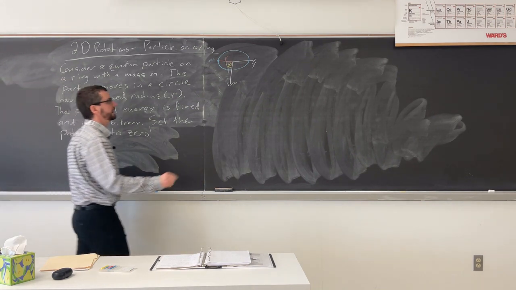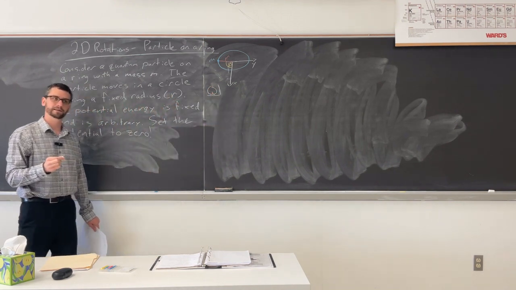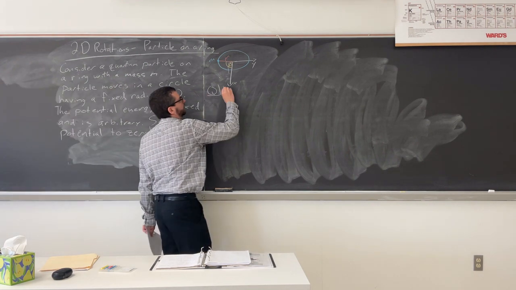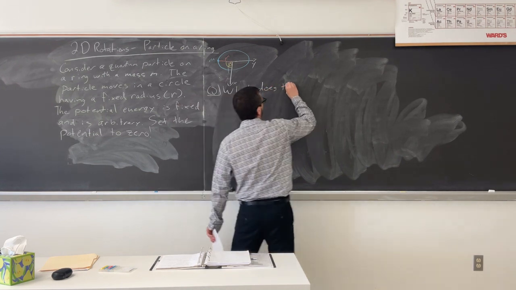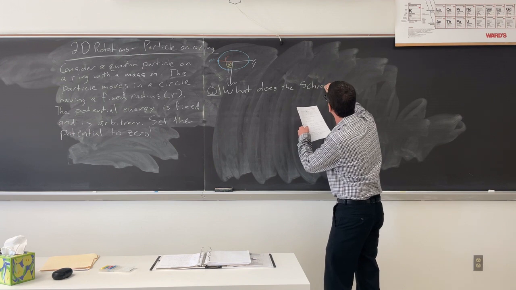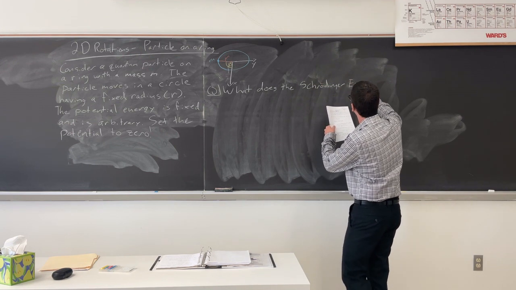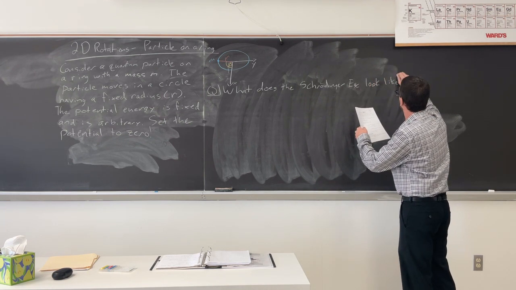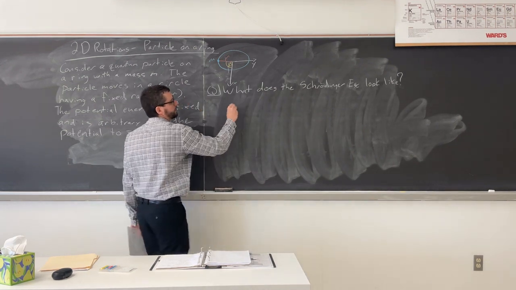First question we're going to ask is, what do we always ask for these model systems? What does the Schrodinger equation look like? Okay, tell me the generic Schrodinger equation.